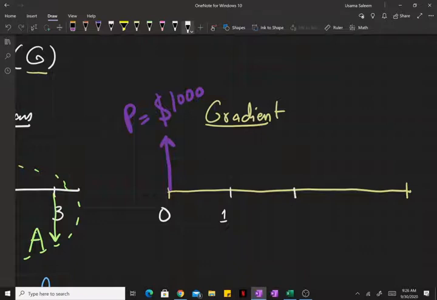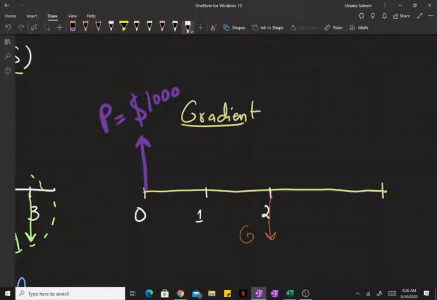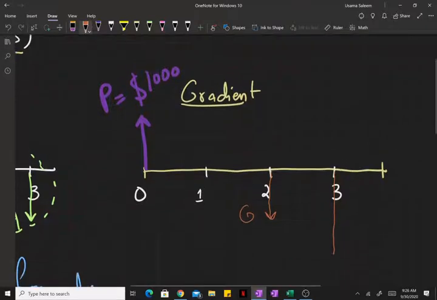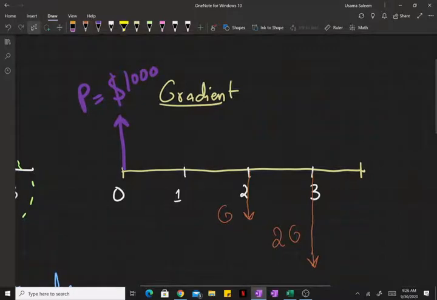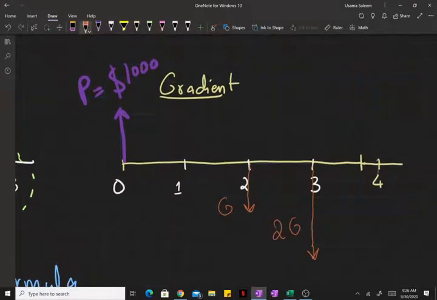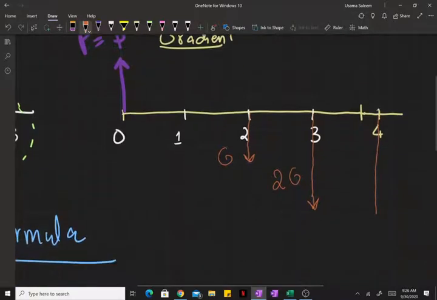The next year, I pay a certain amount, let's call that G, to the lender. And the following year, I pay double the amount that I paid in year two. And as you can see the pattern here, each year the payment is increasing by a constant G.